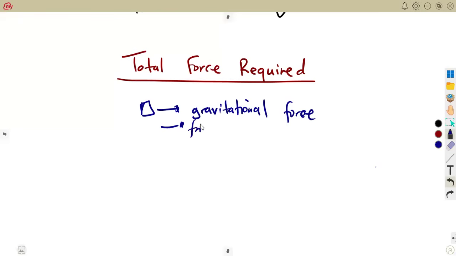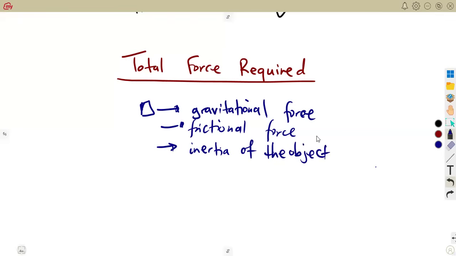It can also be affected by the inertia of the object, the original state of the object on its own. So we need to consider these in calculation.